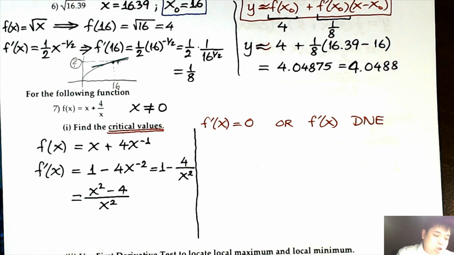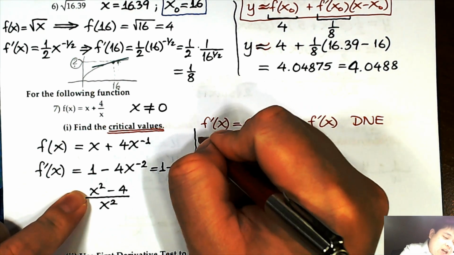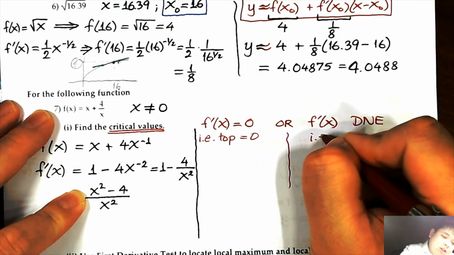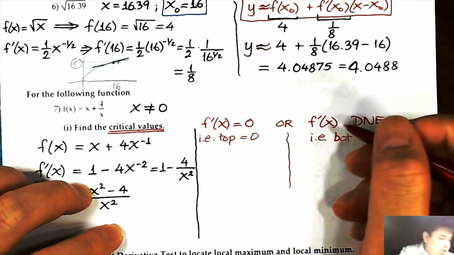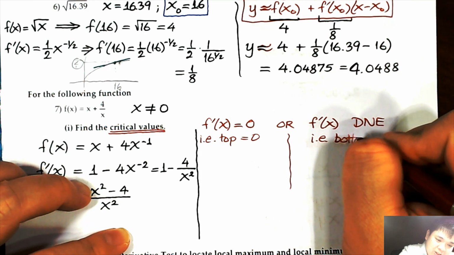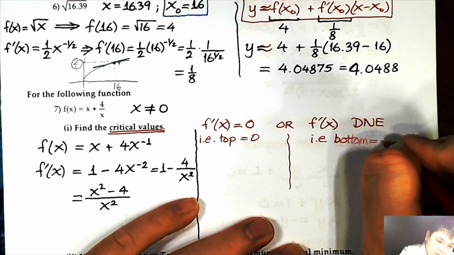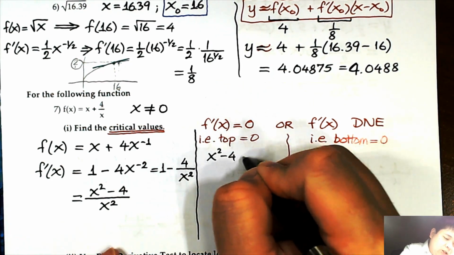Now, back to the critical values. We need the derivative equal to 0. For a fraction, that is equivalent to the top equal to 0, and the derivative does not exist where the bottom equals 0. The top equal to 0: x squared minus 4 equal to 0.